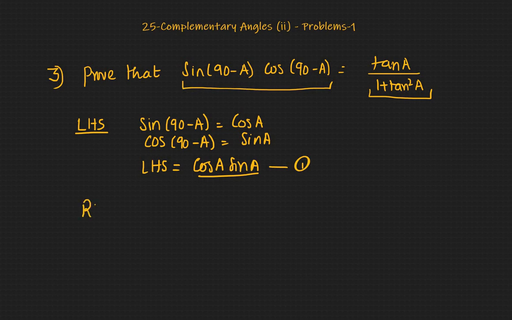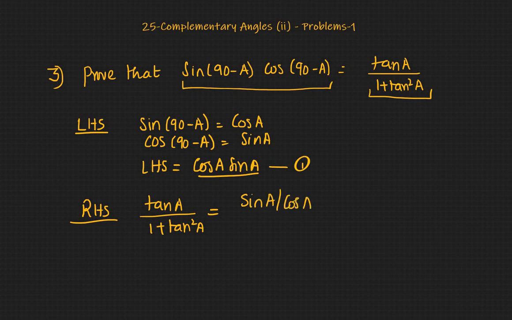Now let's find what RHS would be. So this is tan A by 1 plus tan squared A. You can substitute tan A as sine A by cos A, divided by 1 plus sine A by cos A, the whole square.